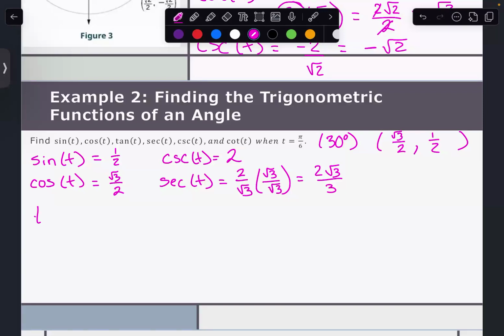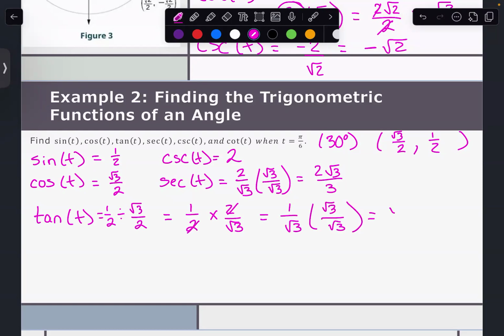Now, tangent would be sine, which is 1/2, divided by cosine, which is square root of 3 over 2. So I can rewrite that as 1/2 times 2 over square root of 3, and we have 1 over square root of 3. Rationalize the denominator again, and we end up with square root of 3 over 3.